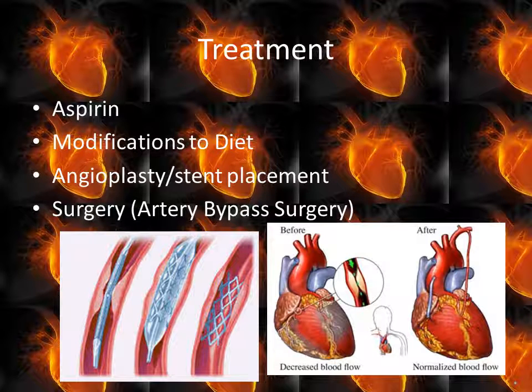Though deadly, there are still very good and successful treatments for this disease. The most common are aspirin, which helps prevent the formation of blood clots. Second are modifications to the diet of the individual, essentially cutting out too many highly fatty foods with higher amounts of triglycerides and cholesterol.